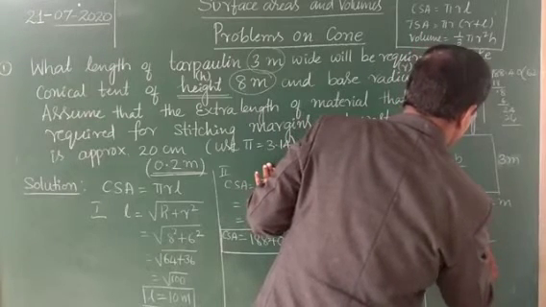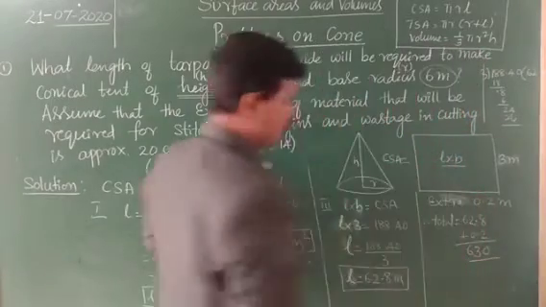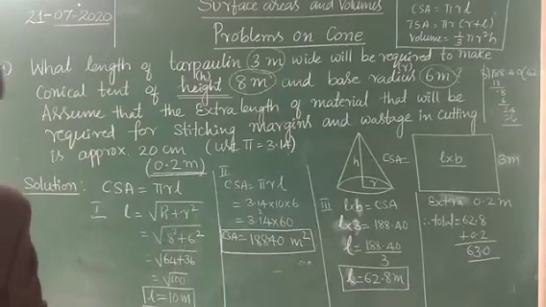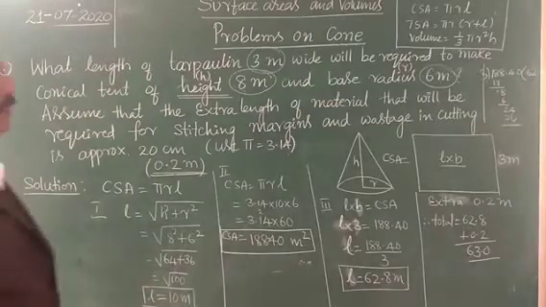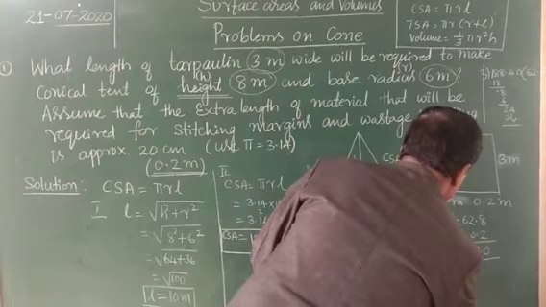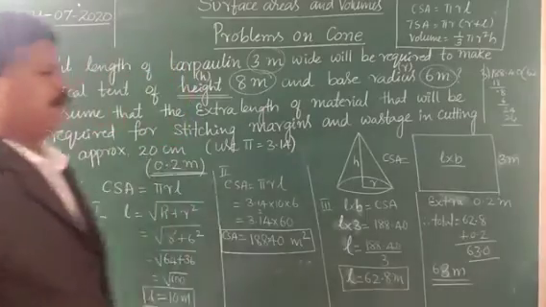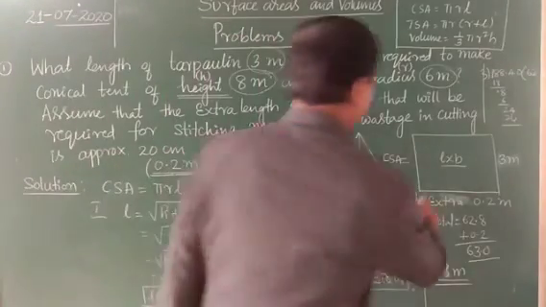So what is the length of tarpaulin required? 63 meters. So final answer is 63 meter. So this is the fourth one.